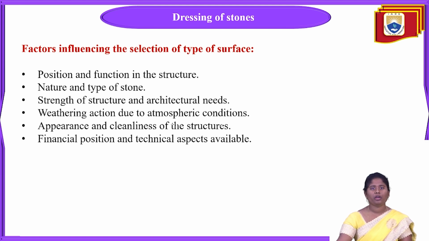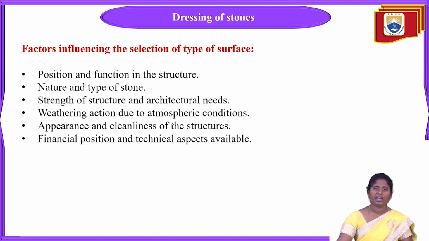We have to know how we are going to position that stone and what the functioning of that stone in the structure is. According to the structure only, we give a position, and we can also know what the function of that stone is in the construction.